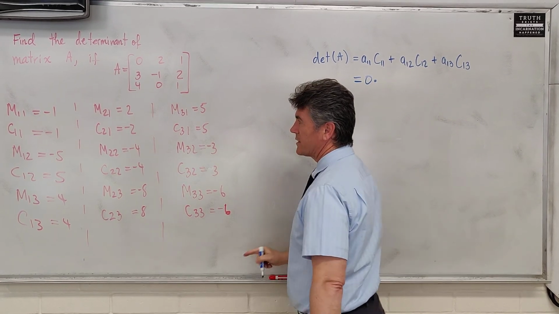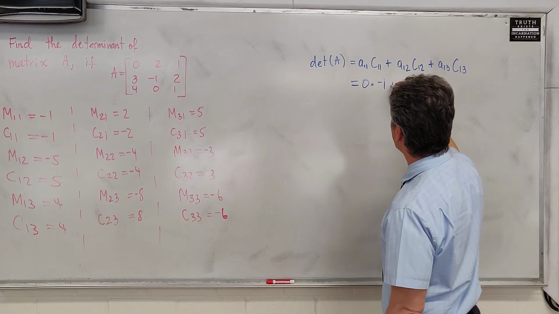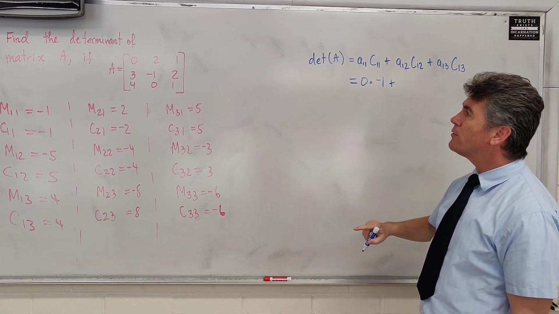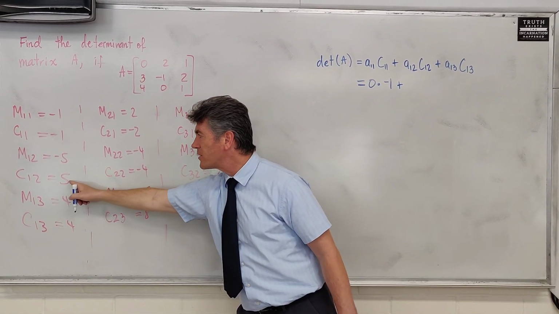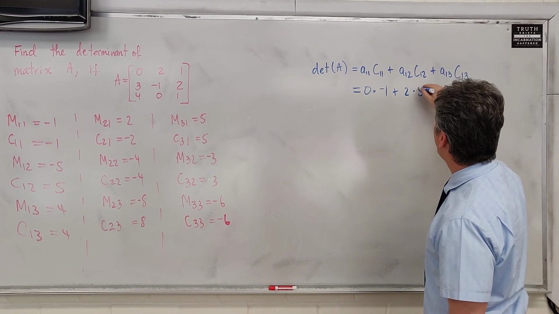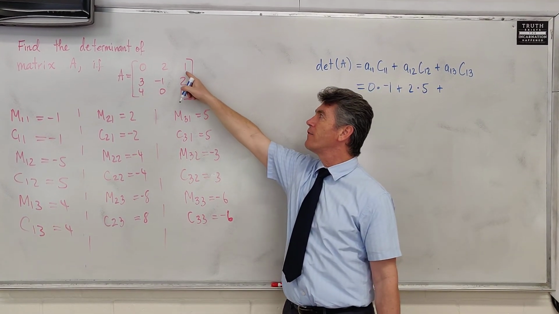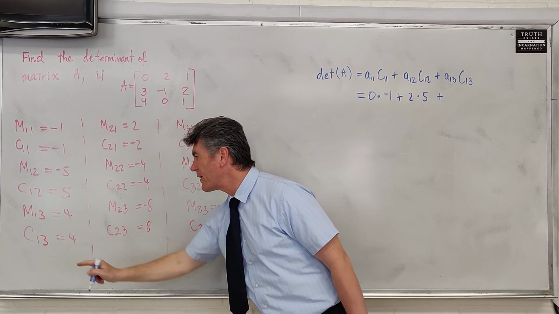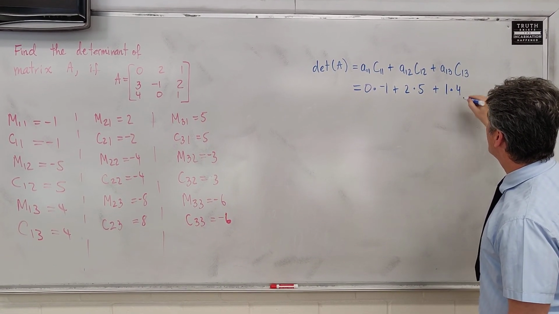So we have 0 times C11, which is -1, so 0 times -1, plus A12, so 2 times its cofactor, which is 5, so 2 times 5, plus the entry in the first row, third column, 1 times its cofactor, which is 4, so plus 1 times 4.